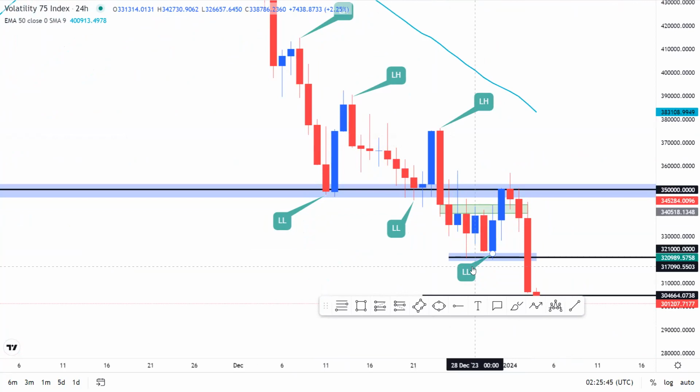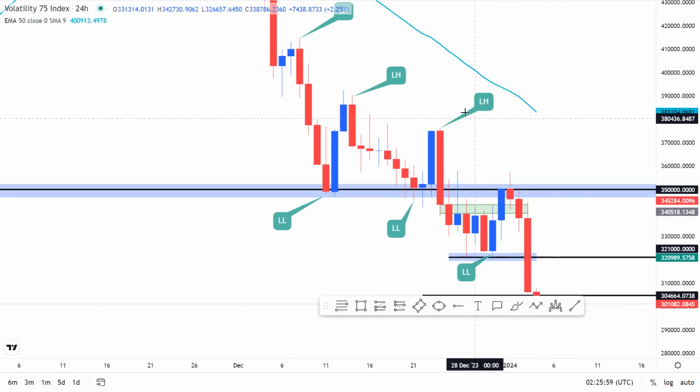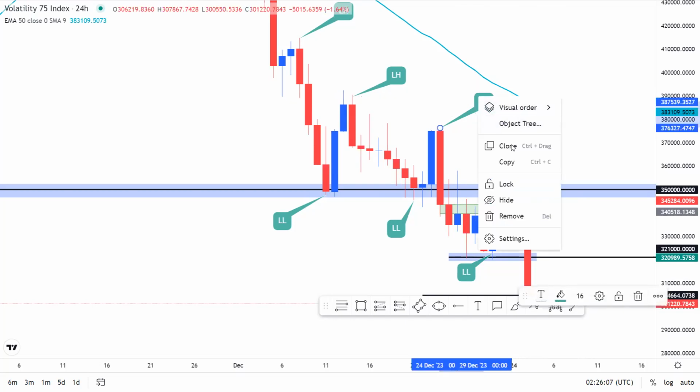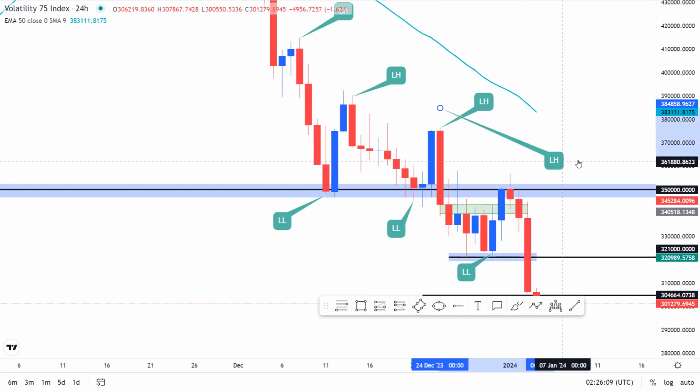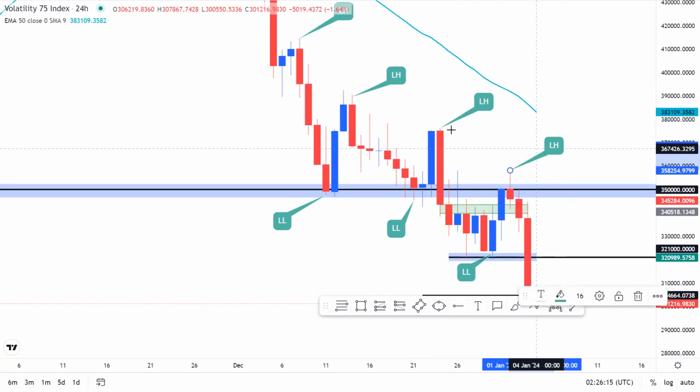So clearly we're seeing the market in a bearish structure, as you can see from the daily time frame. So we have the weekly time frame in a bearish structure, and then of course we have right here the daily time frame also in a bearish structure.